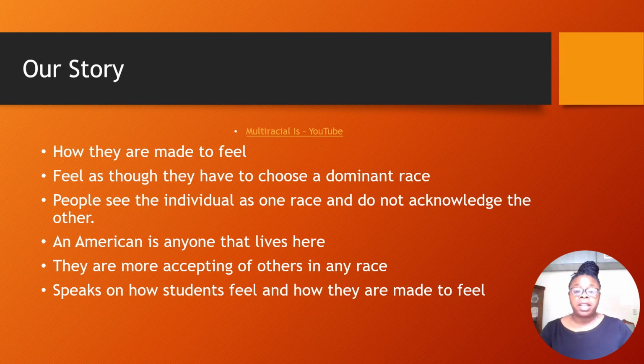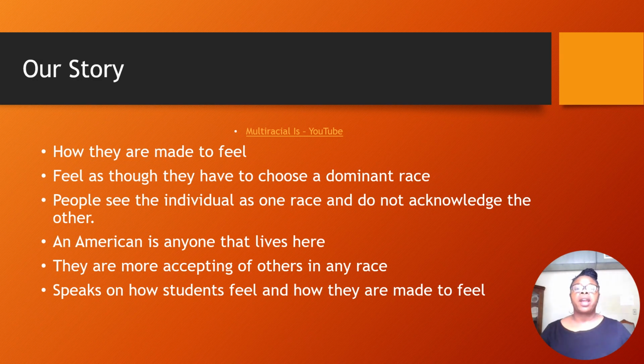In the YouTube video that's located up top of this slide, after watching it several times, I saw that it talks about how the students were made to feel, and they feel as though they have to choose a dominant race because people don't see them as who they are, which is multicultural. They see them as the person they see standing in front of them.